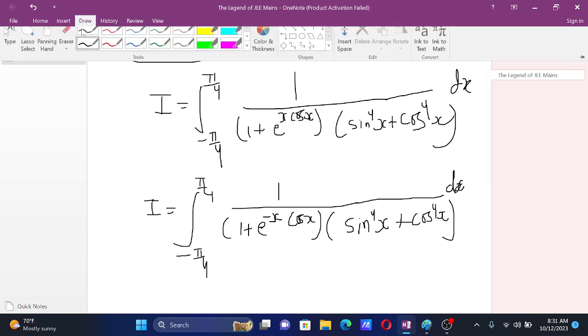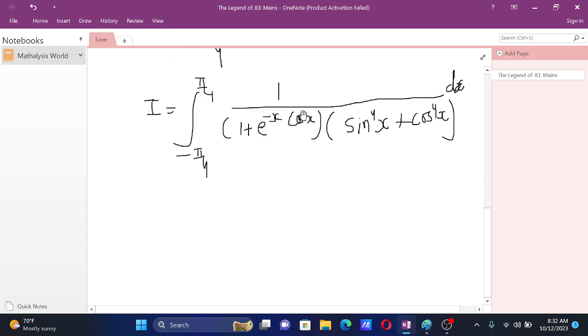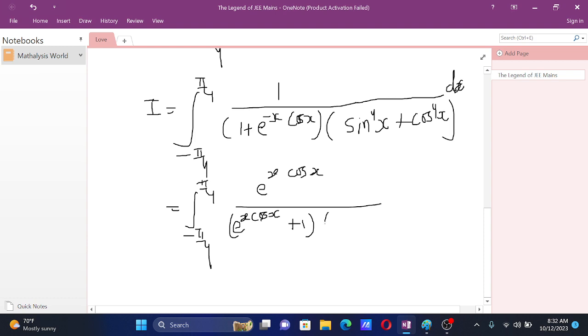Now after this we can just take the negative exponent in terms in the denominator and then take LCM. Integral from minus pi by 4 to pi by 4 e to the power x cos x, over e to the power x cos x plus 1, and sine to the power 4x plus cos to the power 4x dx.